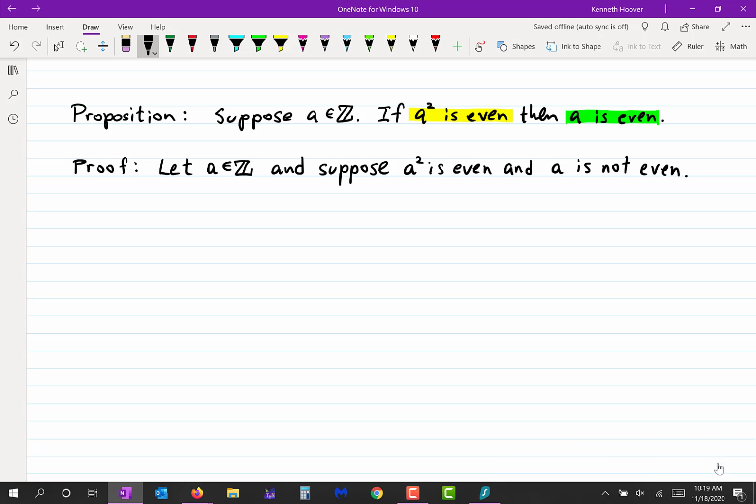Okay, so where can I go from here? Well, if A's not even, then it's what? It has to be odd, right? And if A is odd, then what does it look like? It has to equal 2 times an integer plus 1. And that is by definition of odd.